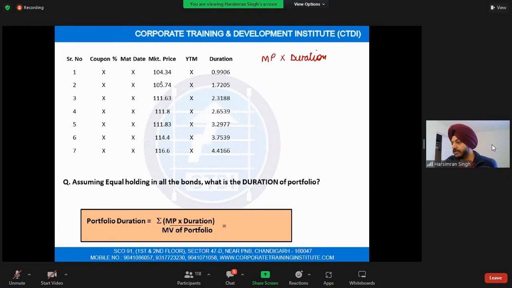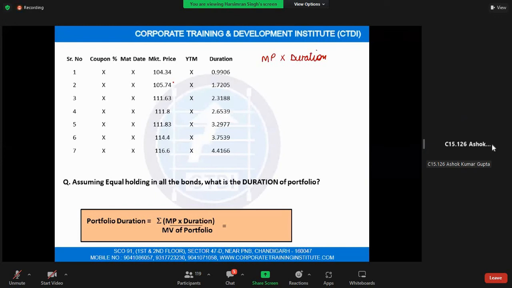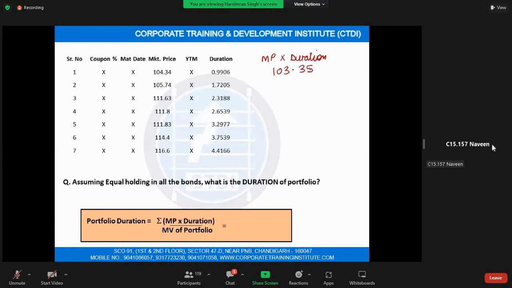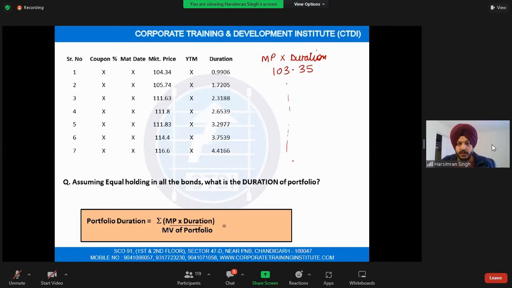So what is the first value? 104.34 into 103.3594 into 0.9906. So it is 10.3592. Similarly, you will calculate all and tell me the total.